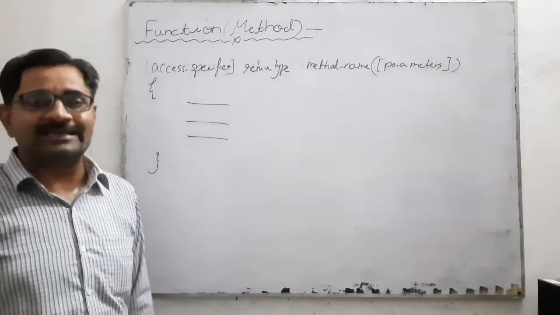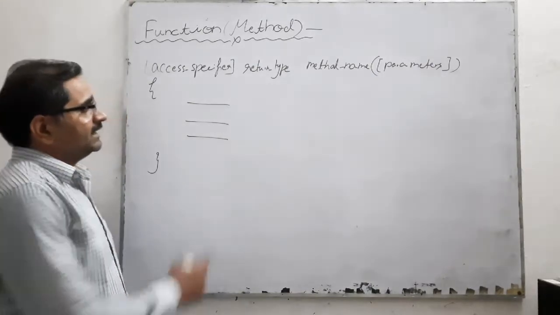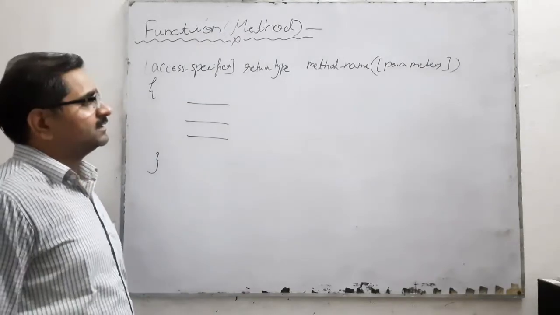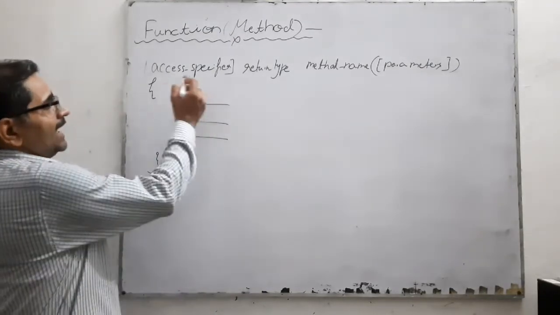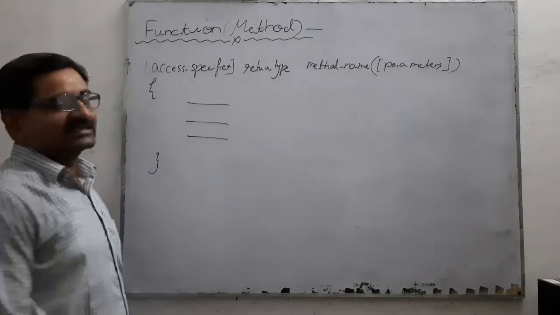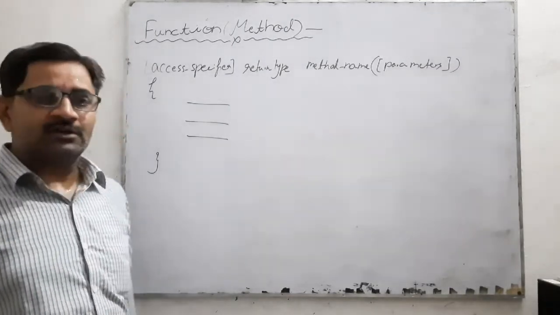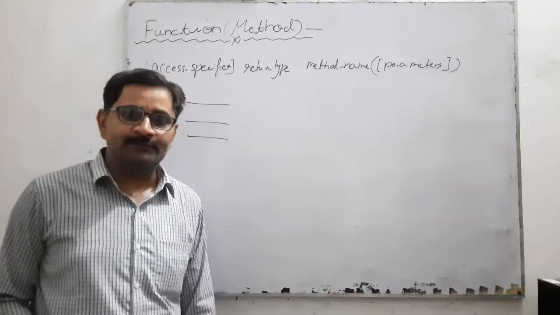Here in this statement you should know a few things. Access specifier is an optional part, may be used or may not be used.